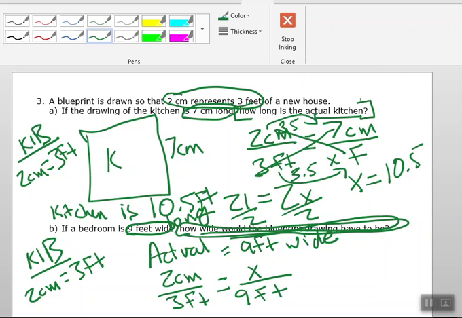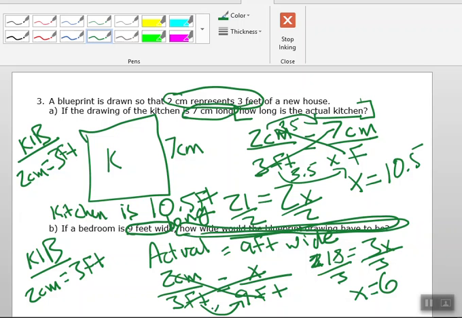I can cross multiply here. I would do 2 times 9 is 18. And that would give me 18 is equal to 3x. Divide both sides by 3, and I have x is equal to 6. I could also say, how did I get from 3 feet to 9 feet?